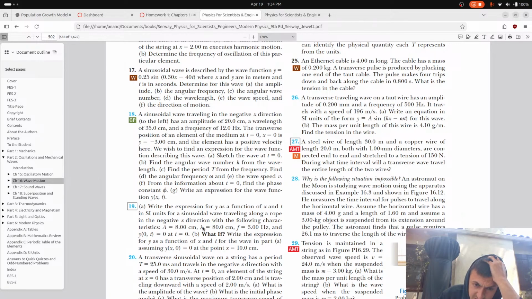What was it? 3 sig figs. f is equal to 3.00 hertz. And y of 0, t is equal to 0. Why didn't they just write y of 0, 0?